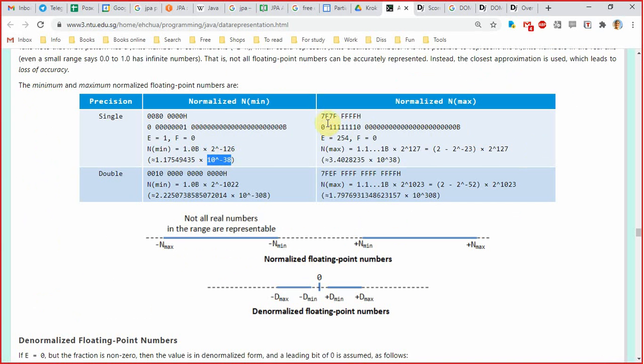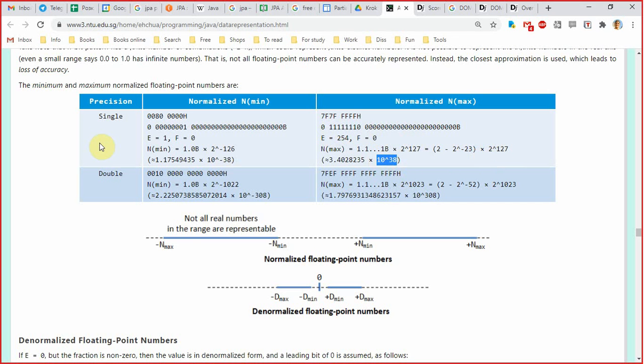And the maximal exponent is one shorter than the actual maximal value that can be represented here, because the maximal value is reserved. So instead of 128, we obtained 127. Okay, so it is a huge power of 10.